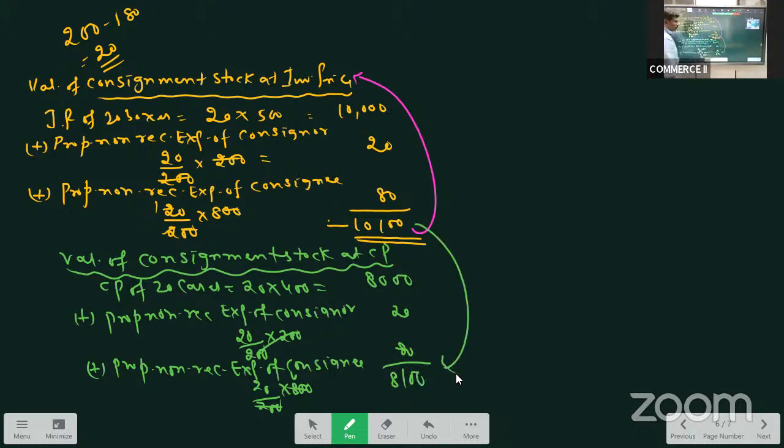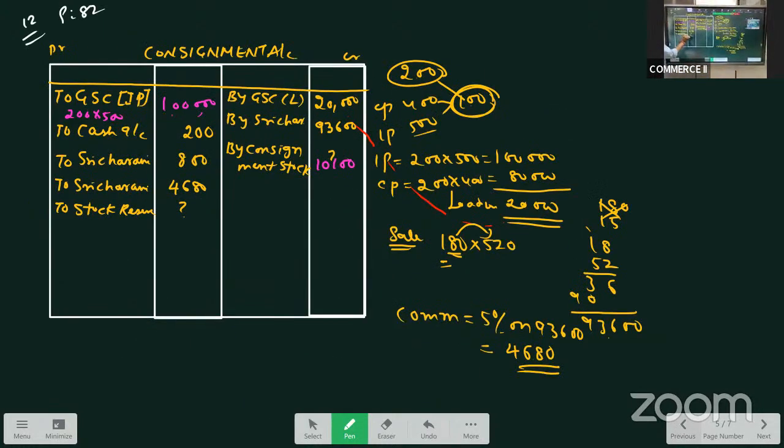Now see the difference of these two. That is called the consignment stock reserve, or we can call it stock reserve. That is 10,100 minus 8,100, which is 2,000. This 2,000 we will show on the debit side as to stock reserve.